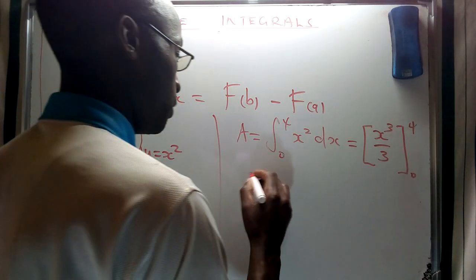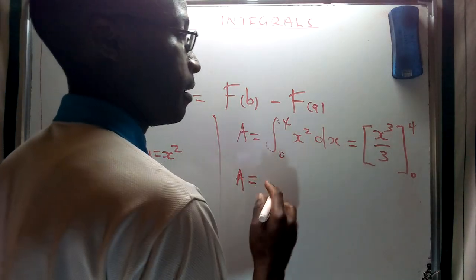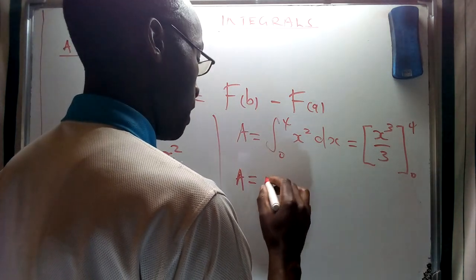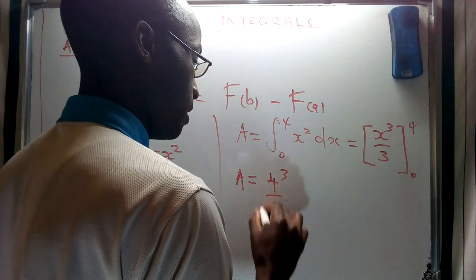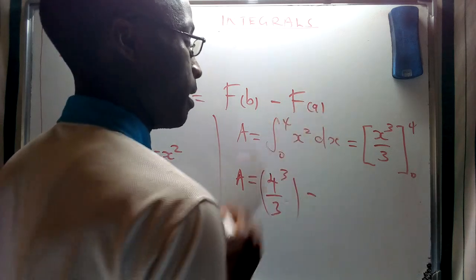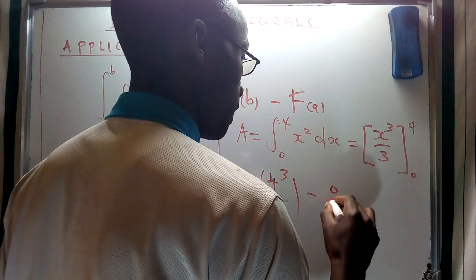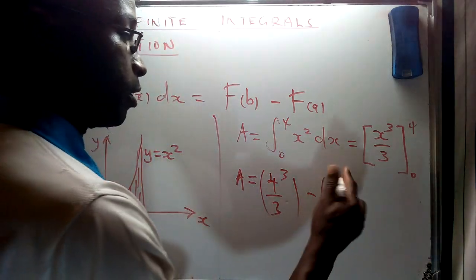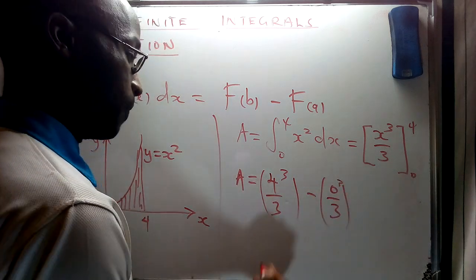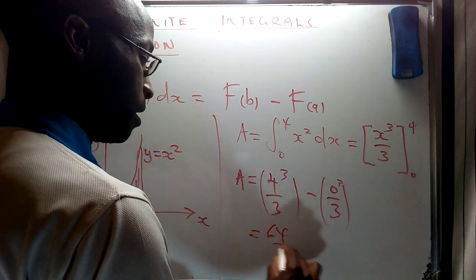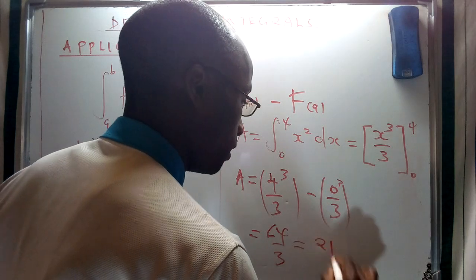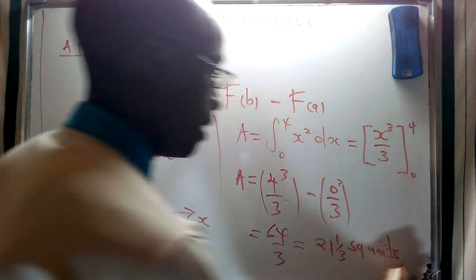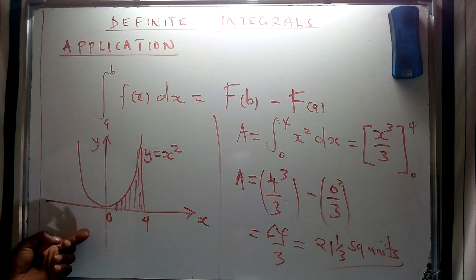So we represent the area as, for the upper boundary, 4 to the power 3 over 3, minus the lower boundary, 0 to the power 3 over 3, which is equivalent to 0. This gives us 64 over 3, which is basically 21 and a third square units, and this represents the area under the curve.